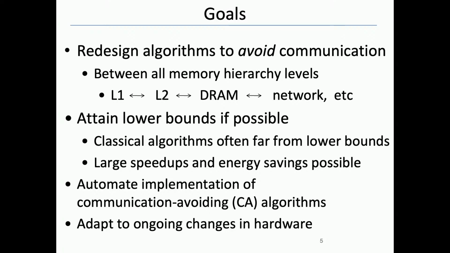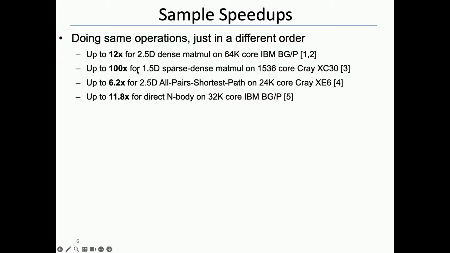Let me give you some sample speed-ups from the work that's come out of our group and others. One thing we could imagine doing is taking our algorithm and reorganizing it to do the same operations, just in a different order. We can do sums in a different order, and these are some of the speed-ups we got.